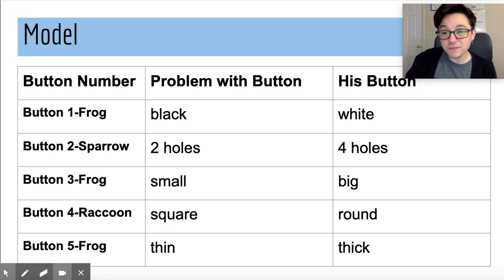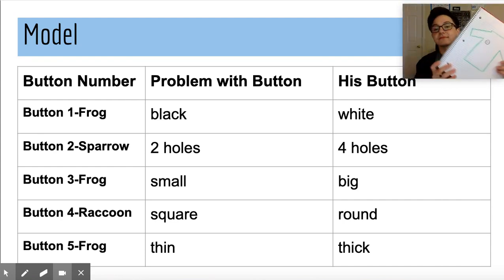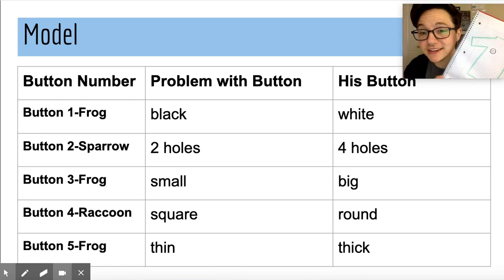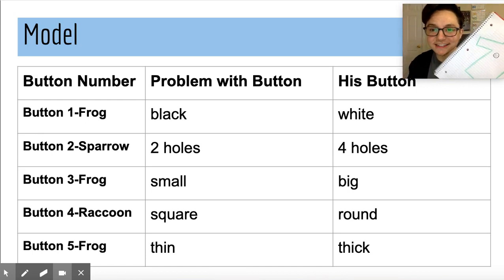And we don't know how many holes that button has. The only detail that that page gave was that it was black. So you can make your black button look however you want. I drew my black button here, and it has 4 holes in it.